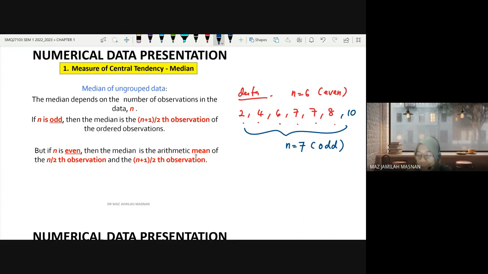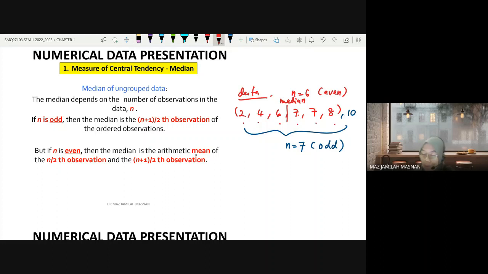If your n is even, what would be your middle value? Since the numbers have been ordered from the lowest to the highest, the middle value will be, class, for even, between these two, right? So this will be the median value. We have 1, 2, 3, and 1, 2, 3.